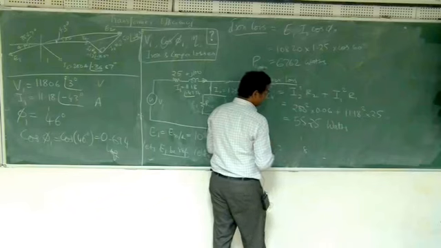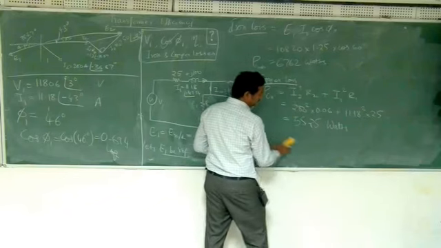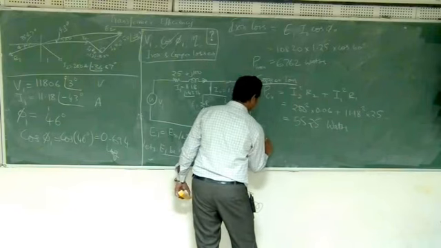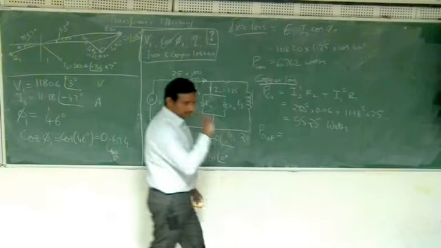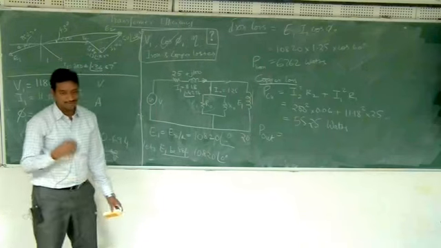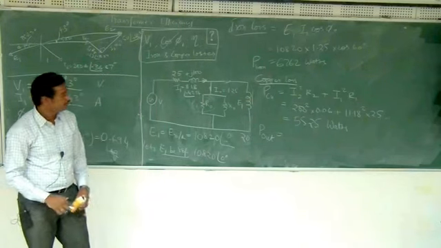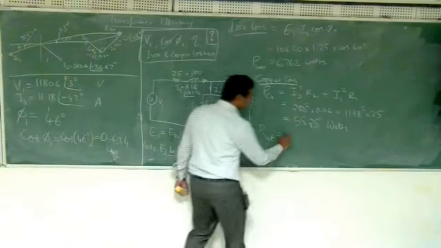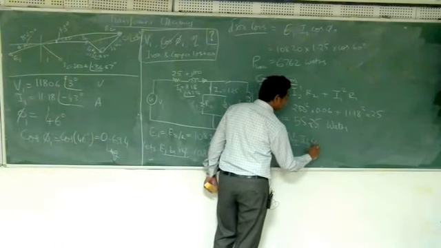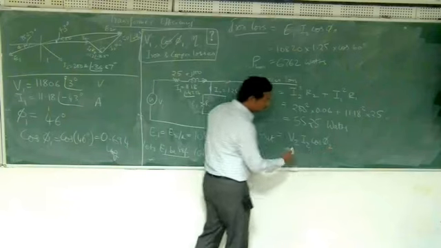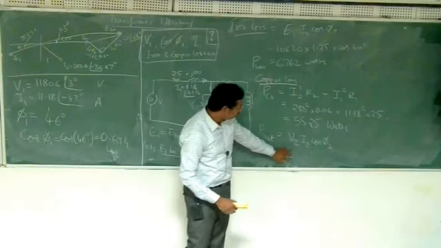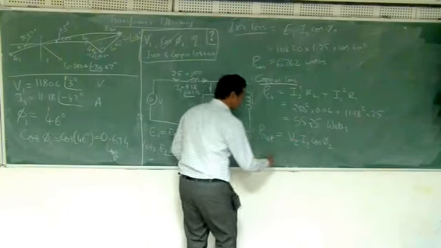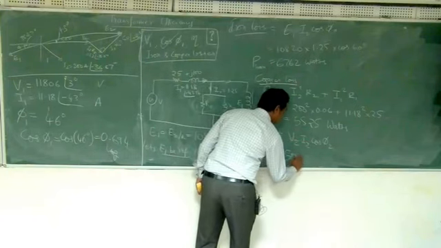Now, what is the output and what is the input? Let's do that. How do you get the P output? It is nothing but P2, power in the output of the secondary. I know V2, so V2 I2 cos phi 2. This is the output power: terminal voltage into terminal current into power factor of the load. This is already given to us.